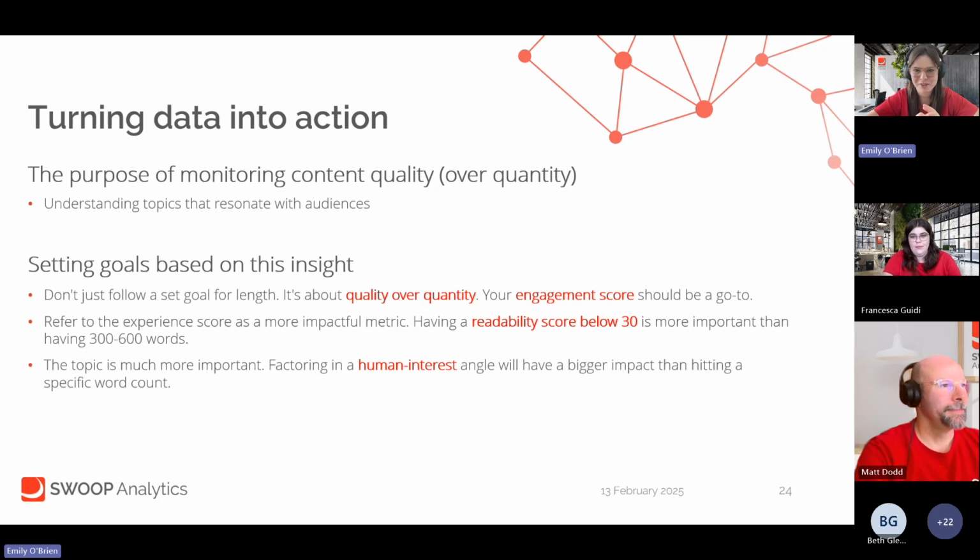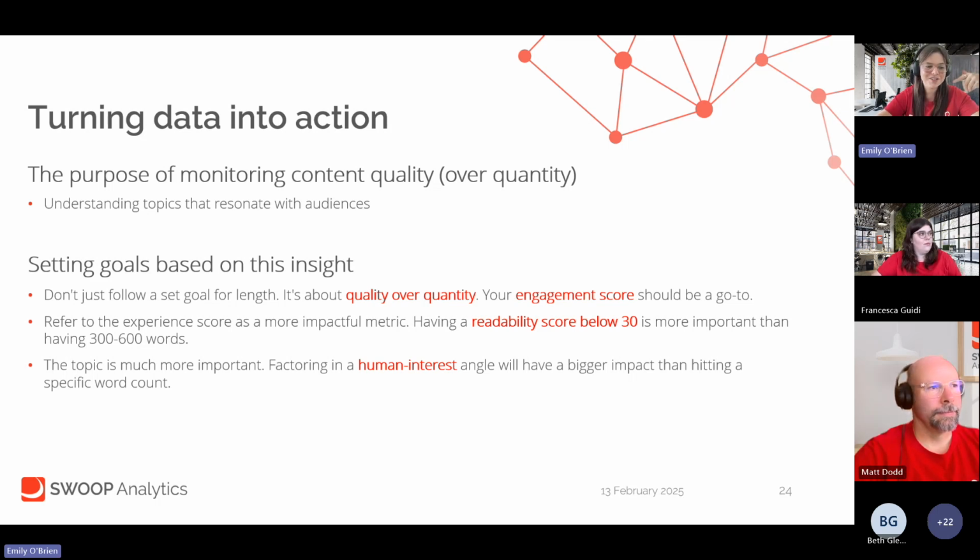We'll show you an example of an engagement score. Engagement scores would certainly be the metric that you should go to understand if your content is of a high quality, and that's what really matters. Alongside your engagement score, you'll also have an experience score, and as part of your experience score, you'll be able to see things like readability.